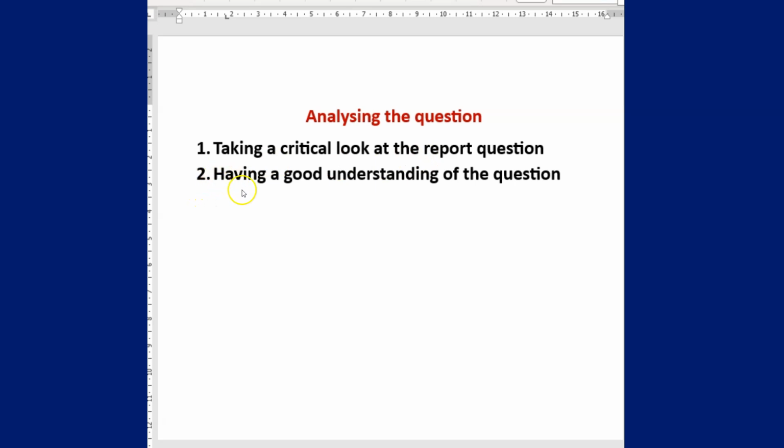So when you have a very good understanding of the question through proper analysis, it will help differentiate you between a band 6 person. So if you want to get a band 7 and not a band 6, then you have to get a very good understanding of the question through proper analysis.